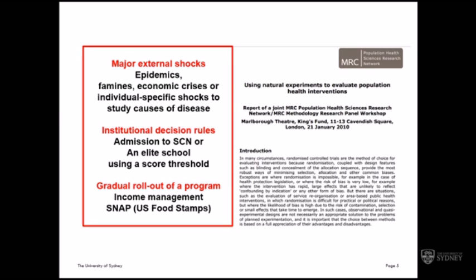And epidemics are another one of these, or economic crises, individual-specific shocks to exposure to diseases. But also these institutional decision rules, and that's what I want to talk about today.